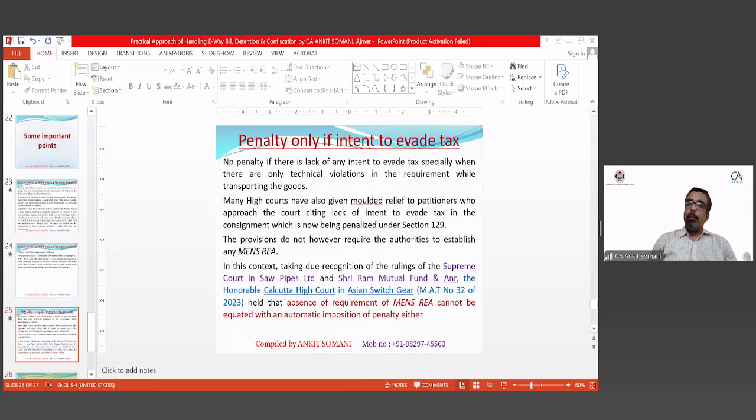Correct. See, whenever you have to get your goods or conveyance released, you have to immediately make payment of the penalty. Whenever you make payment of any penalty, the case is supposed to be closed. Now, how do you file an appeal further? That is very important.